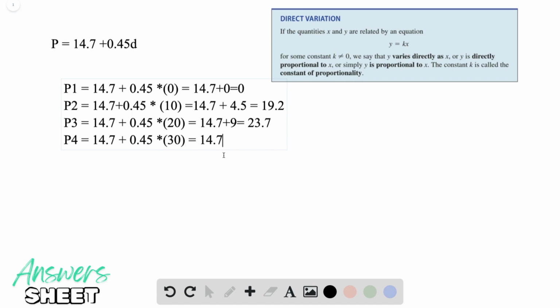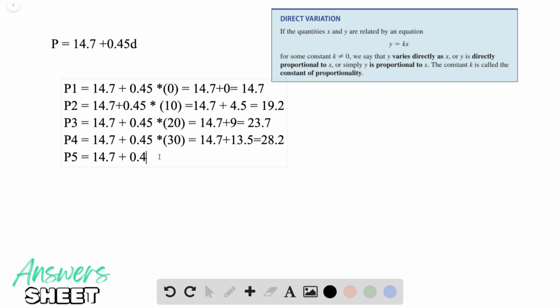That will be 14.7 plus 13.5, and if you plug in the calculator, it will be 28.2. And you just keep going until we reach 60. So I'm going to do the rest of them. And you realize that there's a pattern starting to show up. Oh, actually, this is 14.7, I made a mistake. Each 10-foot interval, it's increasing by 4.5, as you can tell.